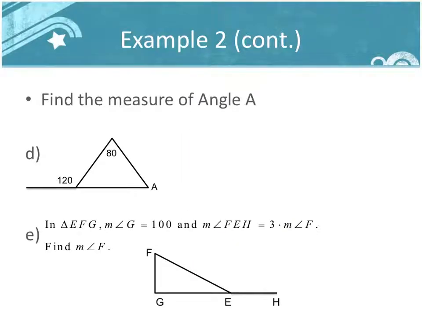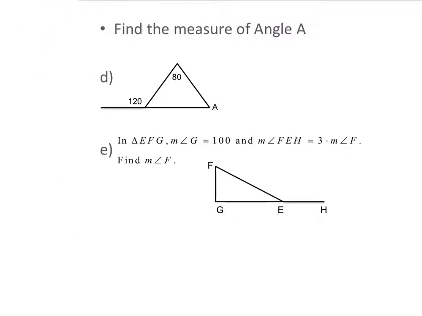Next, last one. Here we're going to use that exterior angle theorem. What do we know about the exterior angle? What's it equal to? This thing right here, what's it equal to?